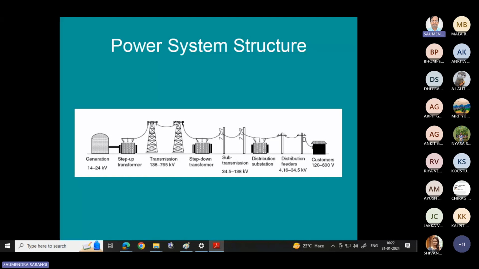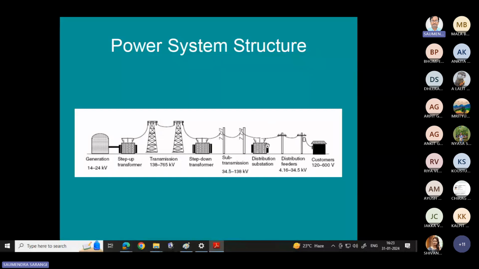After transmitting the voltage nearly up to 200 or 400 kilometers, we need to step down the voltage to the sub-transmission level. So the voltage level here will be 33 kV or between 132 kV or 138 kV. Then further in our cities, it has to be decreased by a distribution transformer.